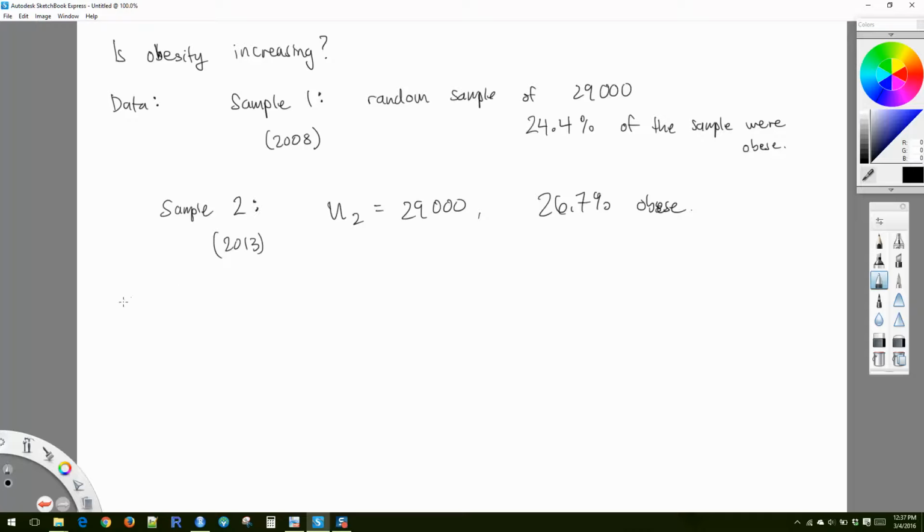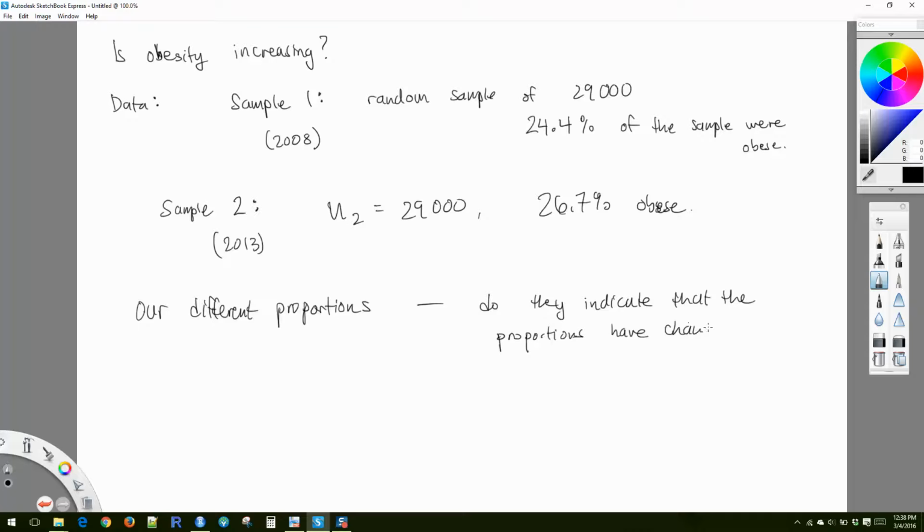So the question is, we have different proportions. Do they indicate that the proportions have changed from 2008 to 2013?